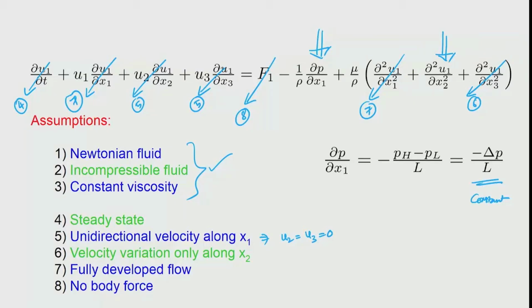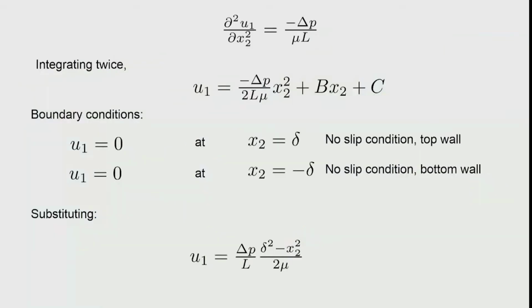So, the differential equation will have only 2 terms, and that is what we have written here. ∂²u1/∂x2² is equal to minus Δp by μL. Okay. So, now we can then integrate it twice to see that it should have x2 squared by 2 coming up, x2, and then a constant should be there. So, these are the integration constants. Okay.